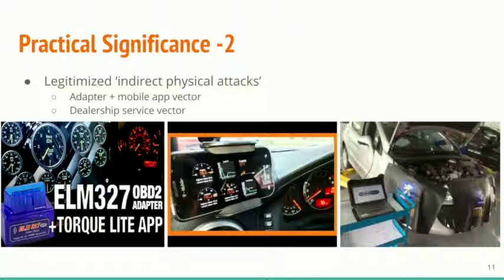This is usually accomplished via a mobile device app paired to the wireless adapter, which has direct access to the OBD2 port. The malicious vector here involves leveraging this connection by publishing maliciously designed apps to the App Store, posing as a genuine car diagnostic application.